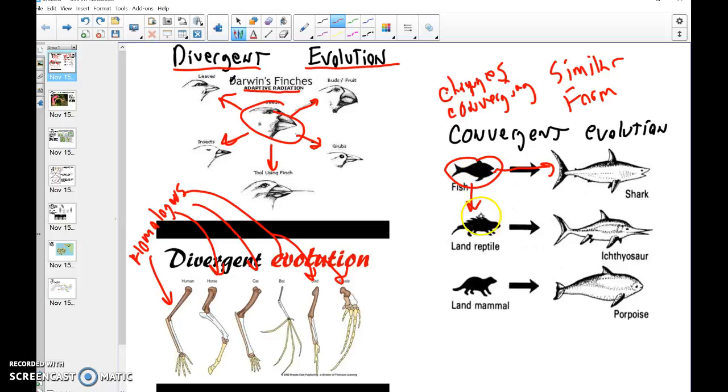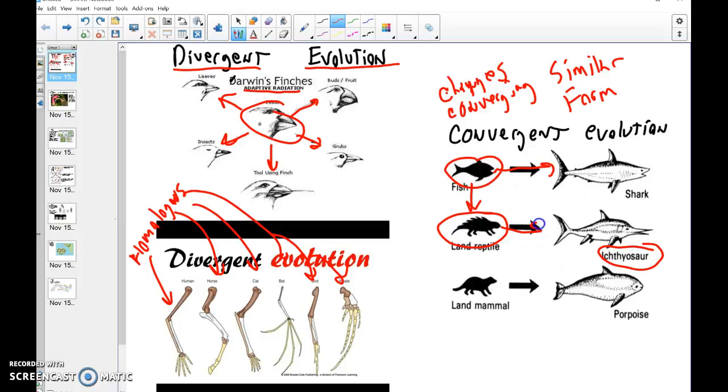Okay, now a lot of these land reptiles became the creatures that we know as dinosaurs. Well, we think about dinosaurs as being land creatures. Well, interestingly enough, some of these dinosaurs were actually sea dinosaurs. But it's a common misconception that these evolved from fish. Sea dinosaurs, which are different than fish, actually would have evolved from land reptiles just like the normal dinosaurs.